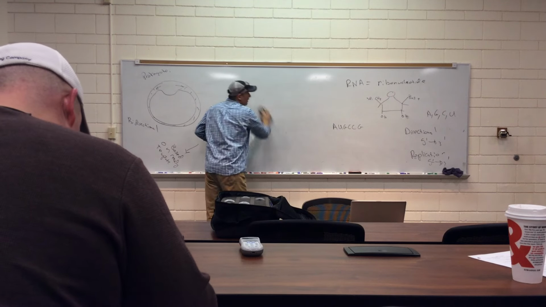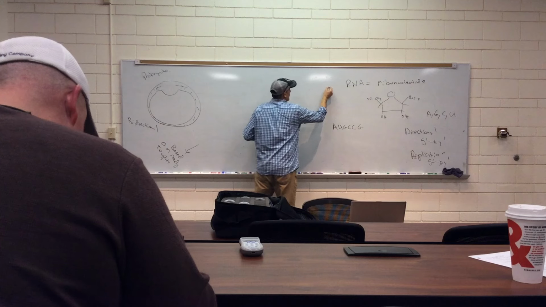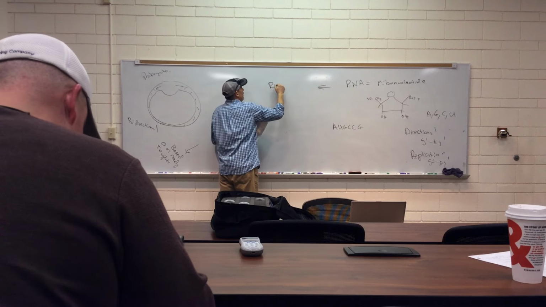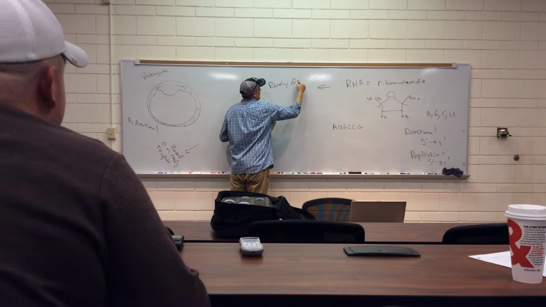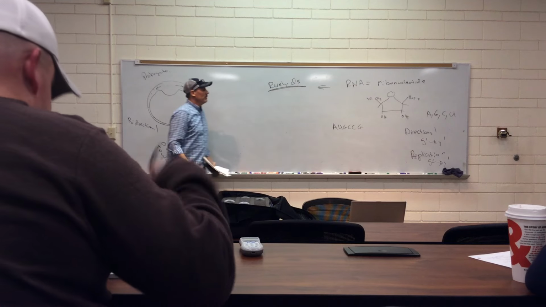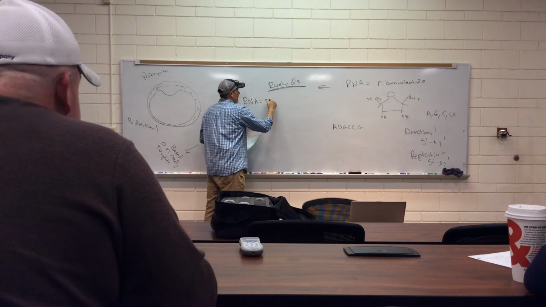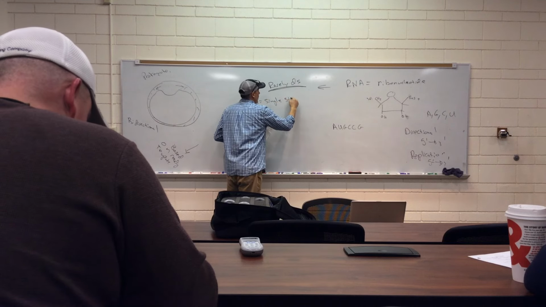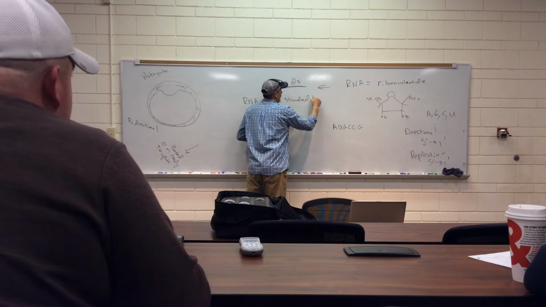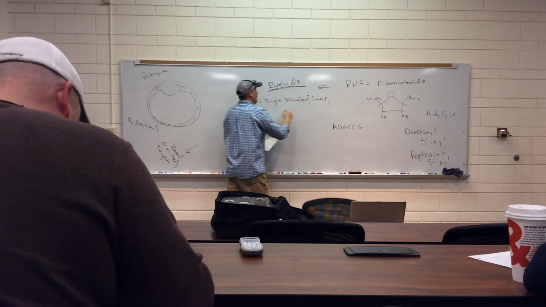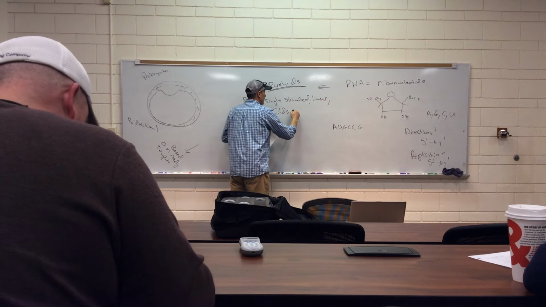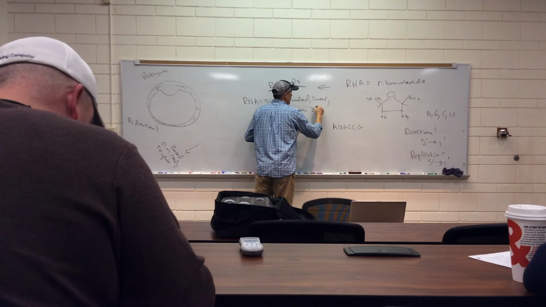Now, RNA is very rarely double-stranded, but usually RNA is single-stranded. It's linear, but folds on itself to form these secondary structures.